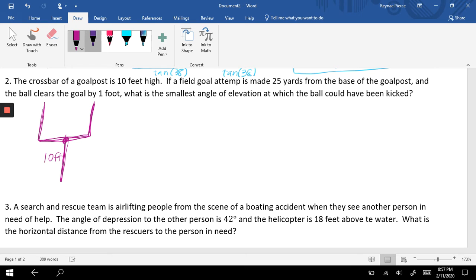Field goal attempt is made 25 yards out from the base of the post. Now we've got to pay attention to our units here because 25 yards is the same as 75 feet.